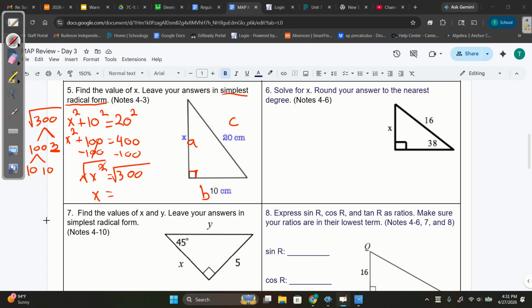Now, even though 10 and 10 are not prime numbers, I could stop here because I have a pair of 10s. I could take that group of 10s out to end up with 10 on the outside and square root 3 left on the inside.